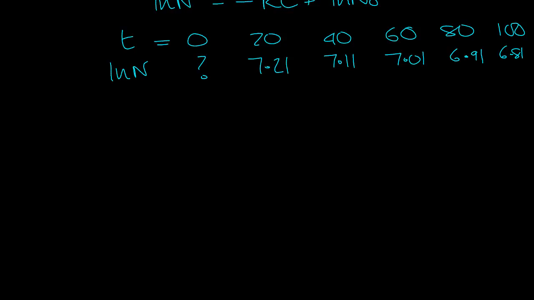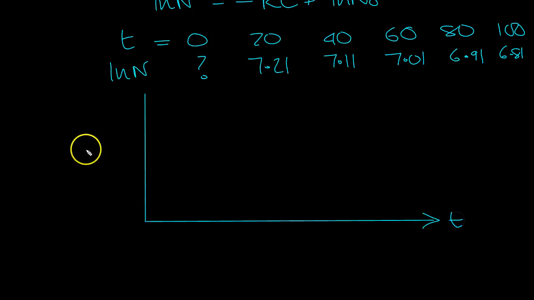Here, let's draw some axes. So this would be t, this is ln. The t would be going to 100, so 20, 40, 60, 80, 100.